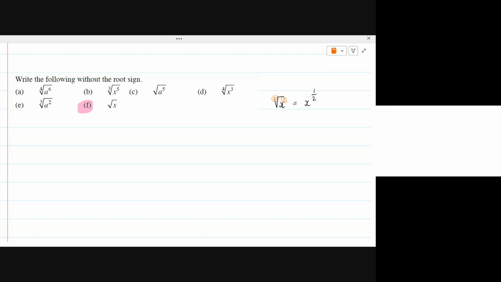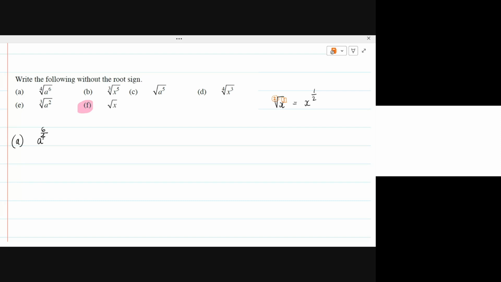Okay. So when we get the answers to this, we're just taking the exponent of the thing on the inside and dividing it by the exponent or the root on the outside. So if I take a, I'm going to get a to the power of the number on the inside, 6 over 4. That's the final answer. Or I can simplify this a little bit more.